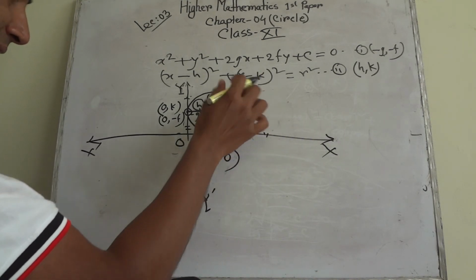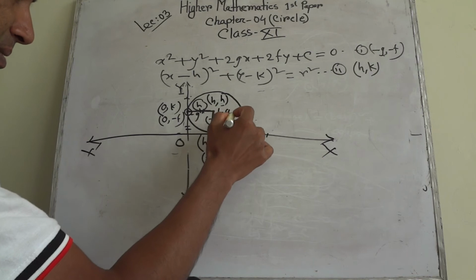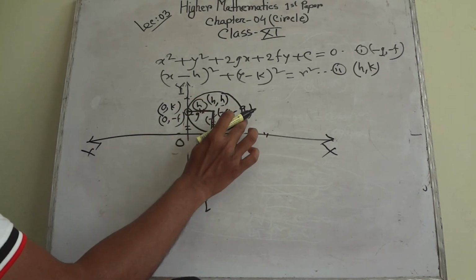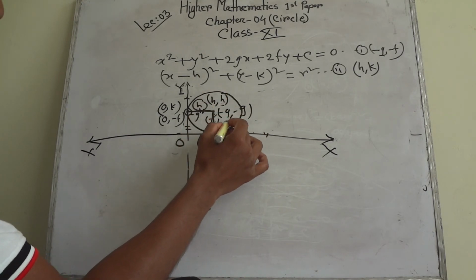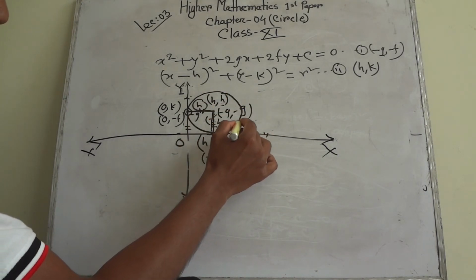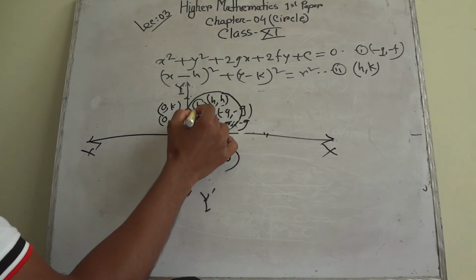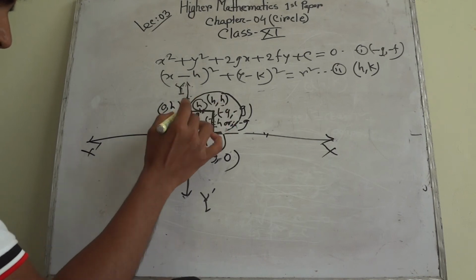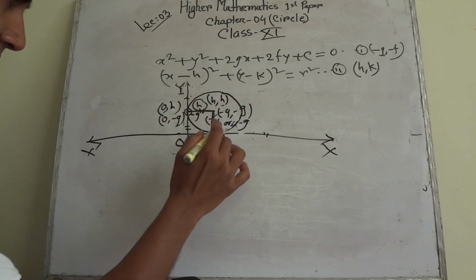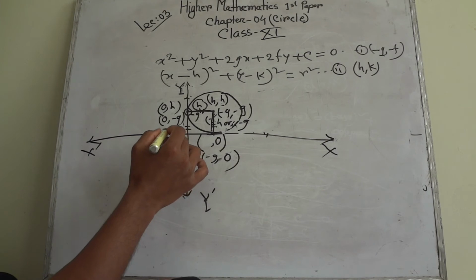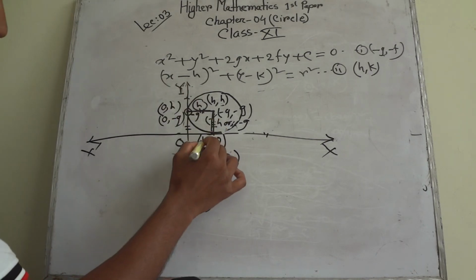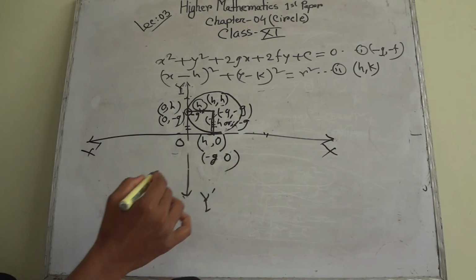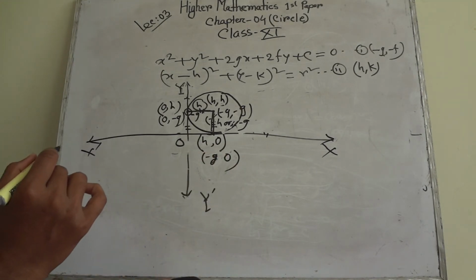So you can take the center as h or minus c, minus c, or you can take k or minus a. So this also is a or minus c, this also is a or minus c. So you can take here a and also here minus c. You can take also here a and minus g. Clear?